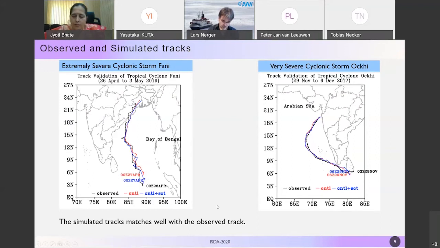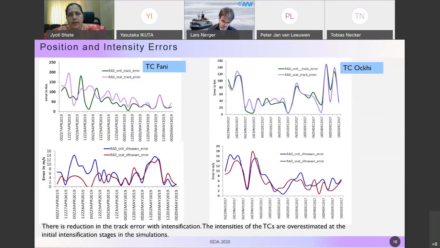The same is reflected in the position and intensity error. We can see that during the intensification process, after assimilating the scatterometer, the intensity error reduces, and at some point the track error also reduces using the scatterometer data.